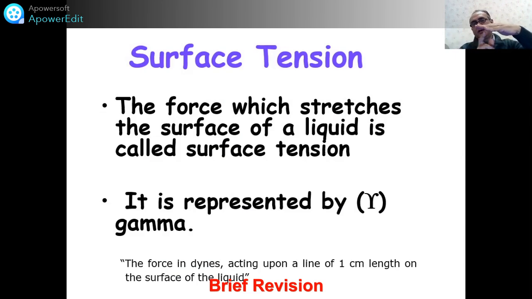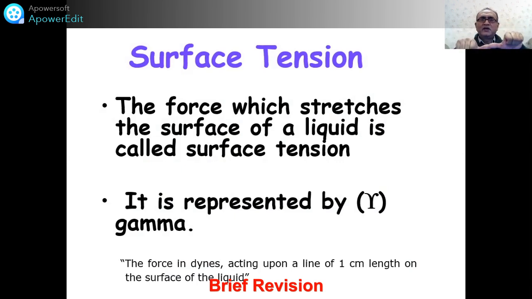For example, here we have a molecule which is attracted downward, but there is no molecule over here. So this molecule will face an unbalanced force. All the surface molecules feel a downward pull, and to balance this downward pull, the surface molecules stretch themselves.